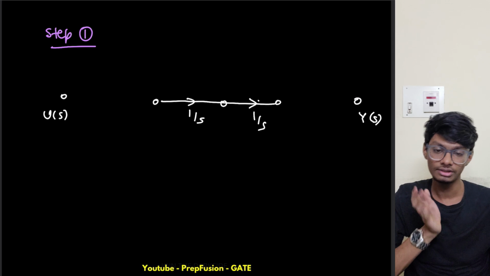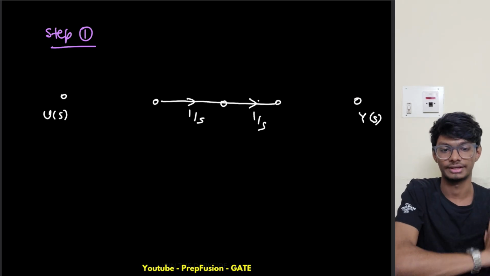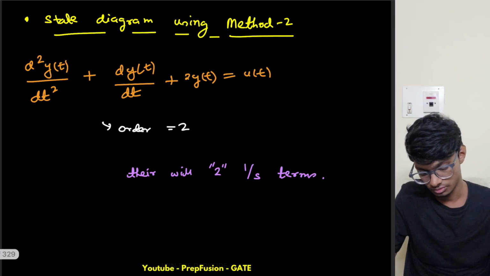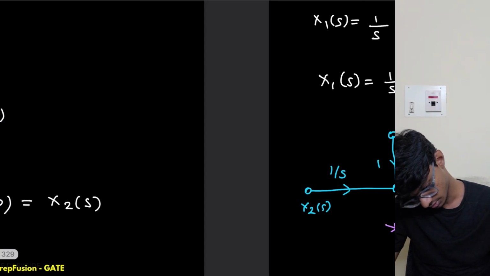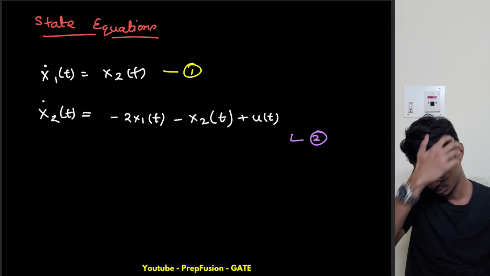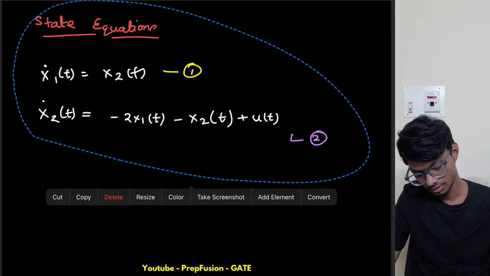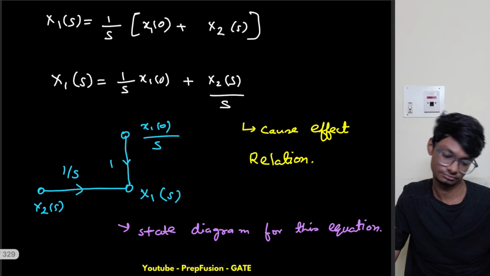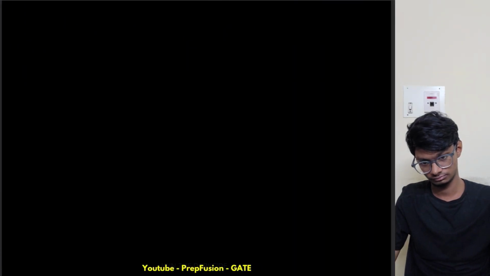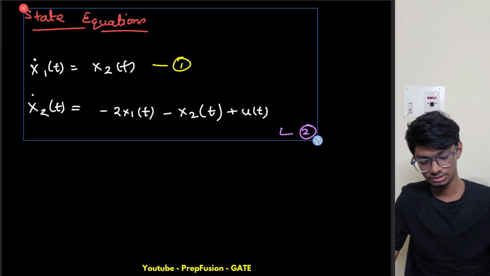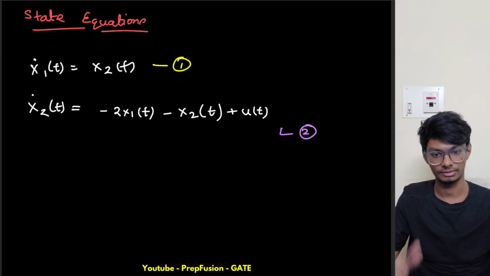Now let me write the state equations again. This one wasn't the state equation. Yeah, this one, right? Let me write the state equations again. What I will do is simply take the inverse Laplace of this.